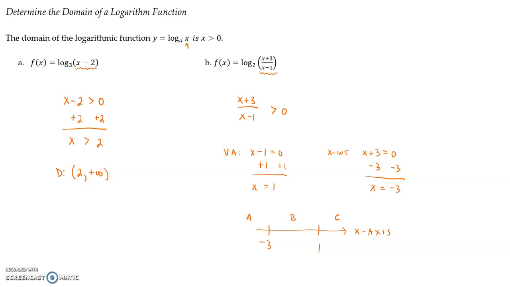Okay, and let's go ahead and do a test value for each of the intervals, and we'll see if our function is either positive or negative, so we can take a look at where it's either above or below that x value. So let's go ahead and start with an x value of negative 4. If we plug this into our function, negative 4 plus 3 is going to give us a negative 1 on top.